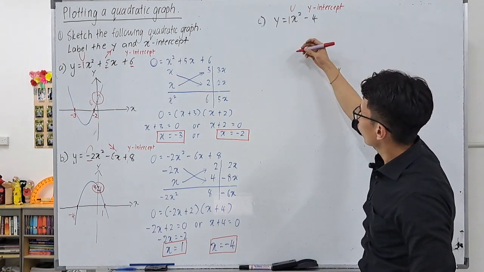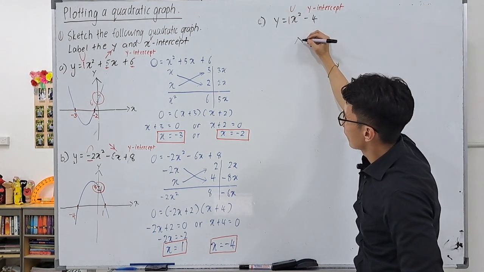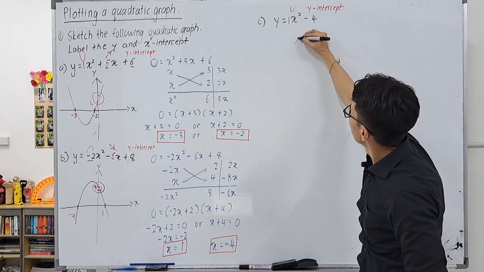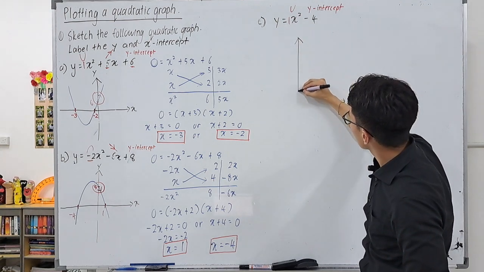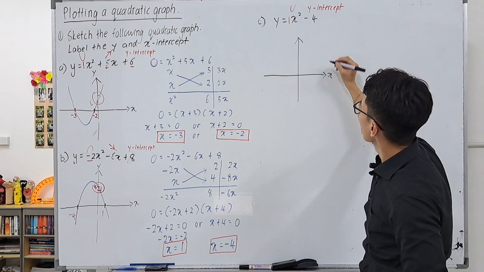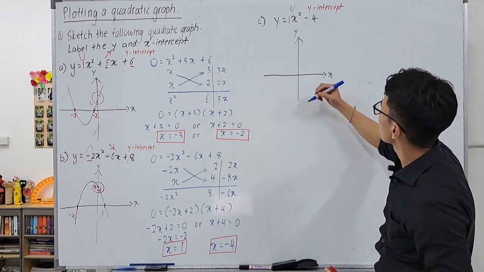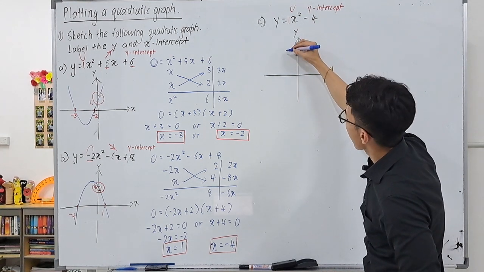Okay, so I'm going to sketch it out over here to show you how the graph looks. So this is x and y. The graph will look like this.